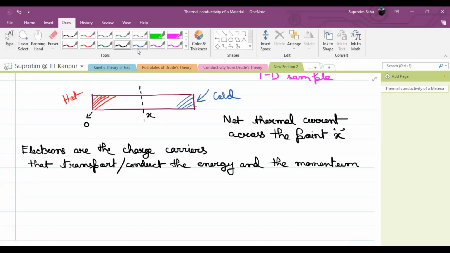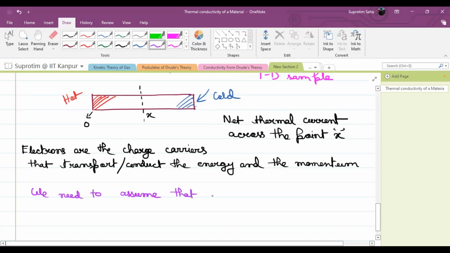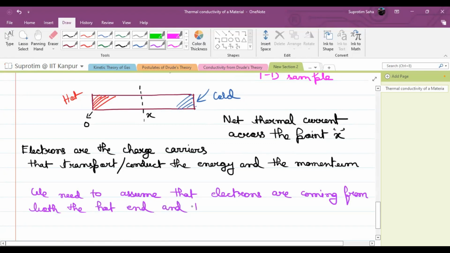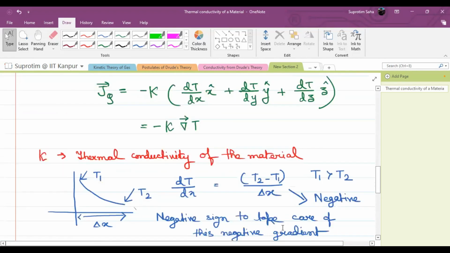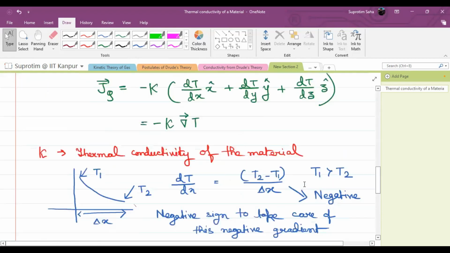One basic assumption of this framework that we're working in is that we need to assume that electrons are coming from both the hot end and the cold end.